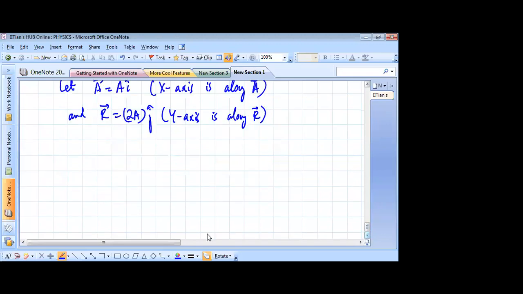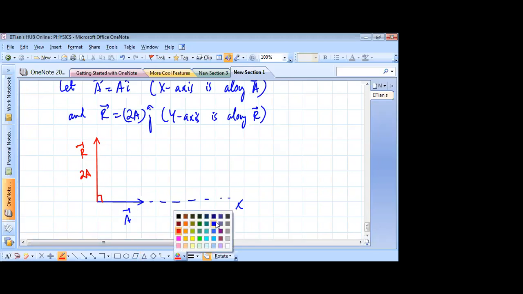Basically, what we are saying is that, whatever the direction of the vector A, that only I have selected as my x-axis, and whatever is the direction of the resultant, which is 2A in magnitude, that is becoming the direction of my y-axis.